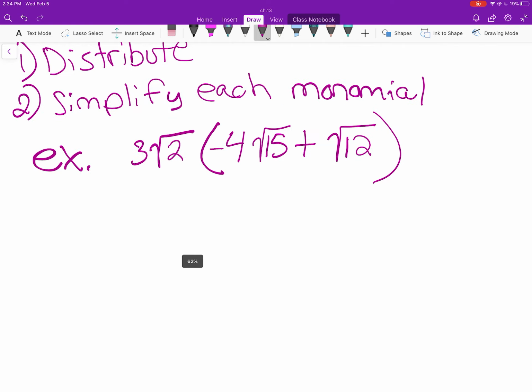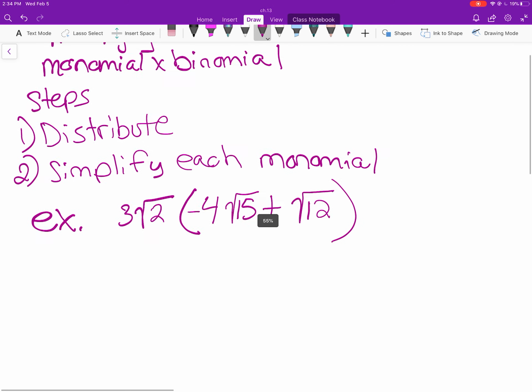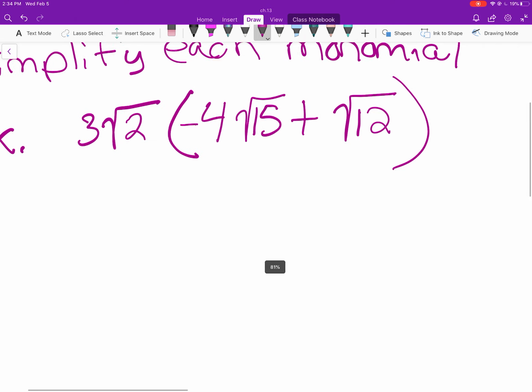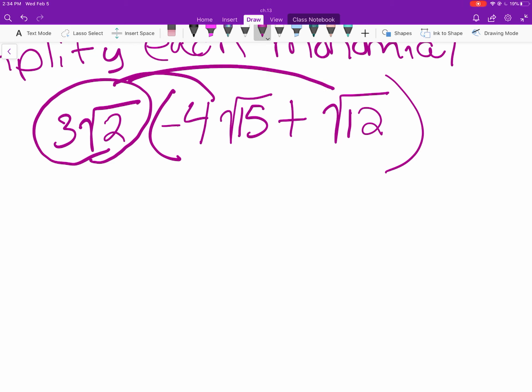So let's look at this one. This is a monomial times a binomial, okay? You wrote these steps already yesterday, or this is today, actually, which would be yesterday for y'all. So let's look at this problem. We are going to distribute right here. We're going to multiply inside times inside and outside times outside, and then we're going to simplify.